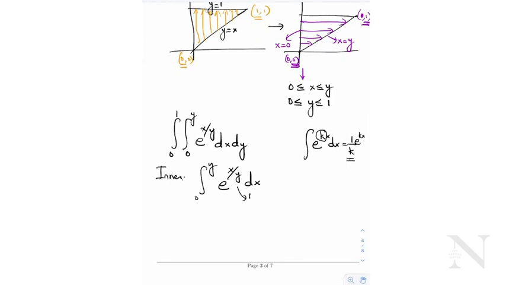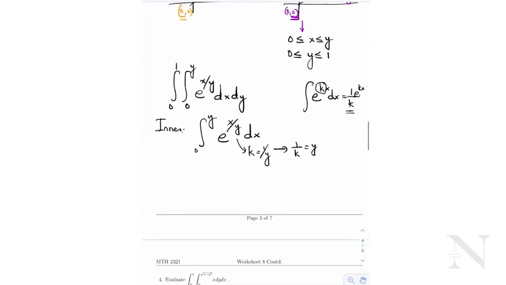Because you're integrating with respect to x, y is a constant, so 1 over k is going to be 1 over 1 over y, which is y. So it's going to be the integral from 0 to y of 1 over k, which is y, e to the power of x over y.